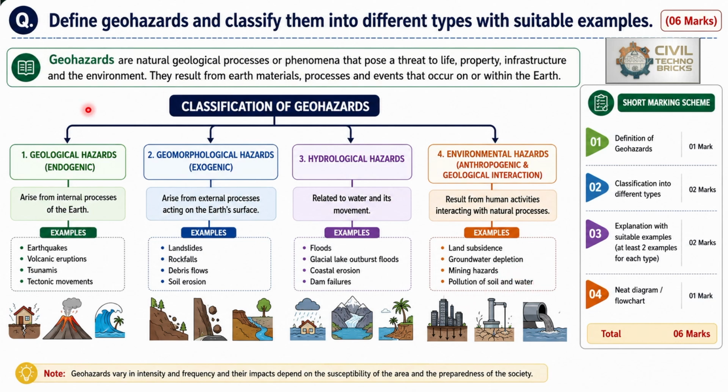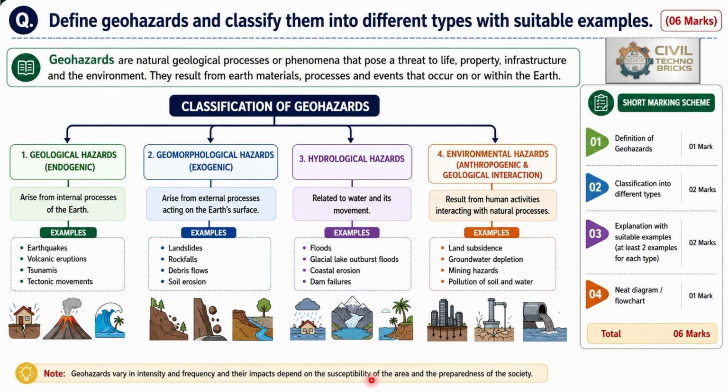So basically the whole classification of these hazards or geohazards, we have to be aware of it, so that our project, our site selection criteria for any type of project will satisfy the requirement of that project effectively and safely. So the geohazards may vary in intensity and frequency, and their impacts depend on the susceptibility of the area and the preparedness of the society.